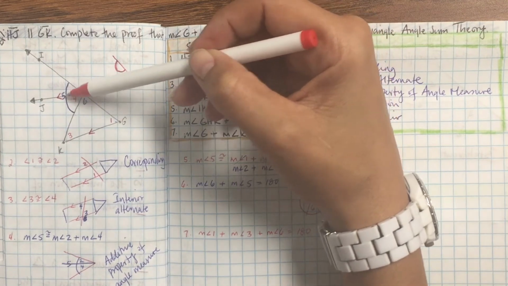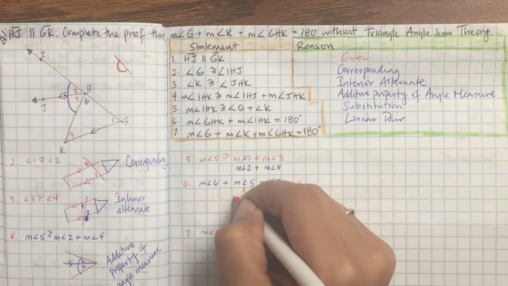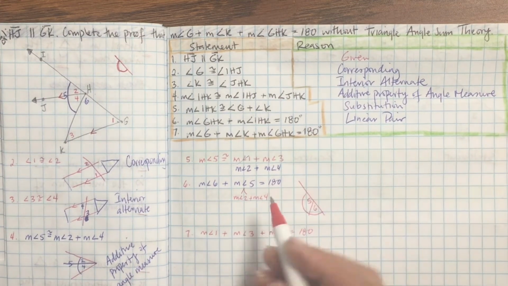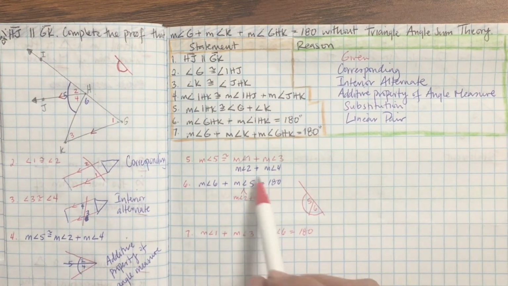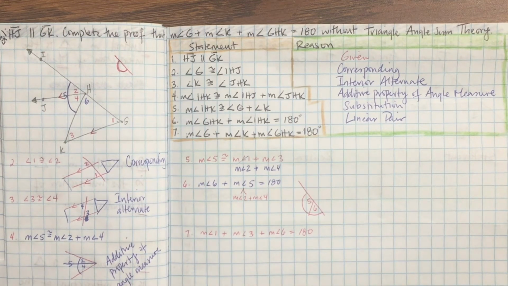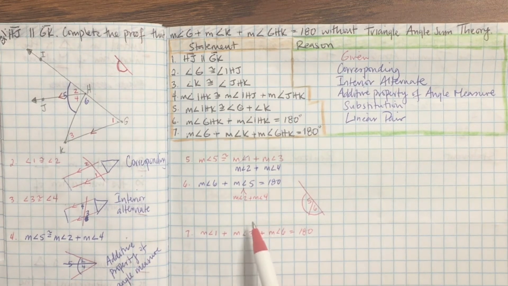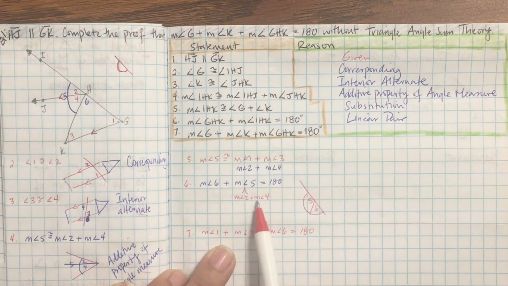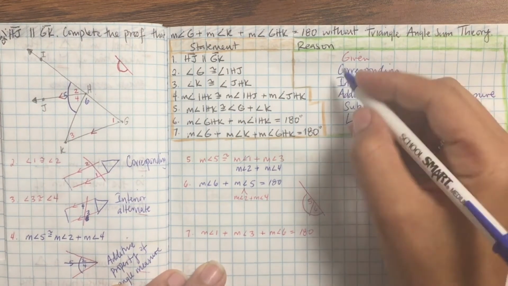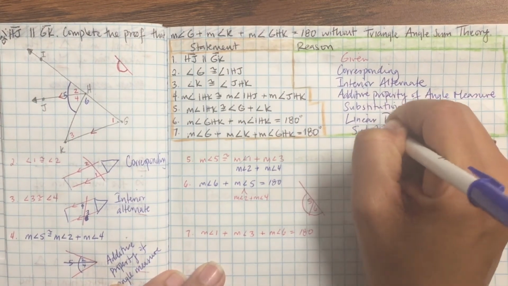And we know that angle 2 is the same as angle 1, angle 4 is the same as angle 3. And so why can I say this all adds up to 180? Because I'm going to substitute angles 1 and 3 basically for angle 5, because angle 5 and 6 is 180. So I'm going to substitute 1 and 3 in there because I know that angle 1 is equal to 2 and angle 3 is equal to 4.